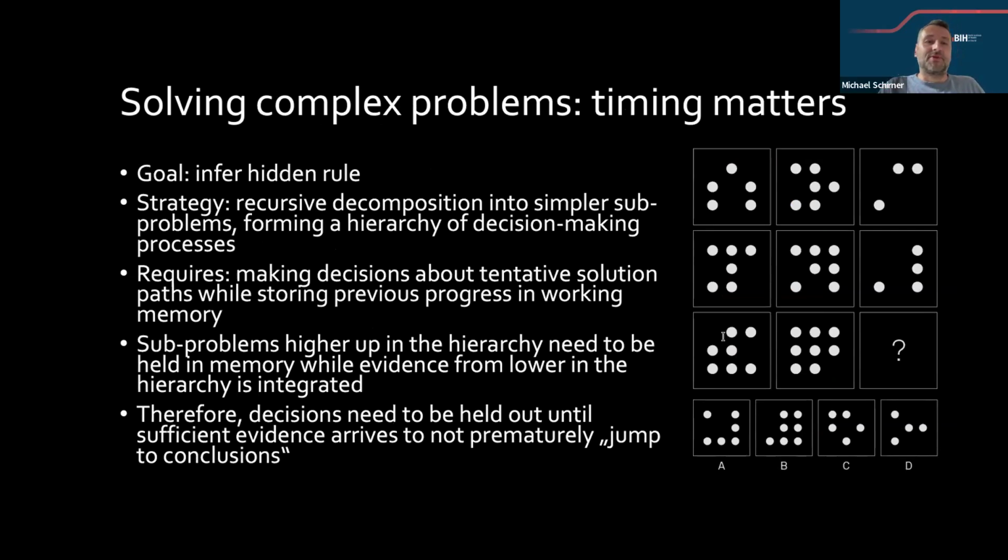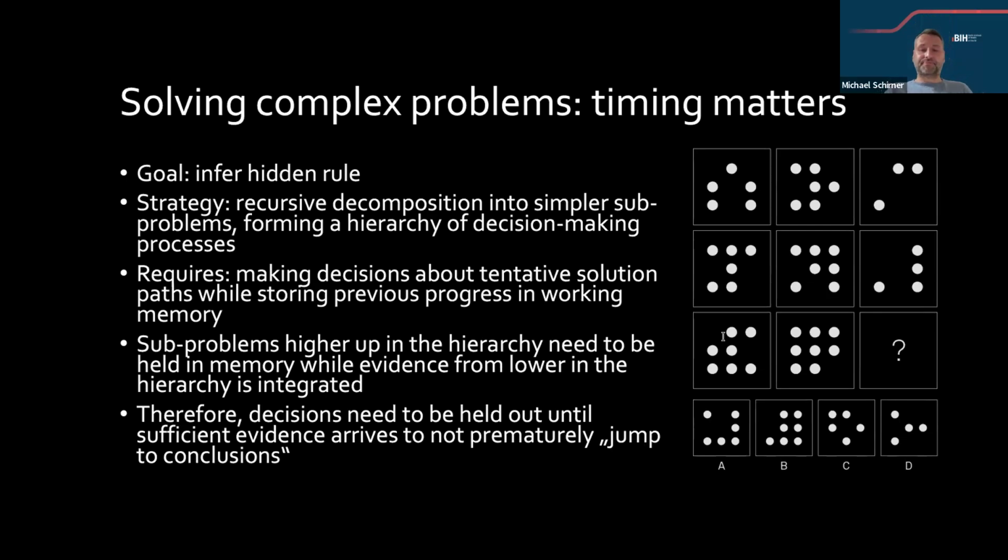To solve the problem, we need to make, as mentioned, this recursive decomposition into simpler problems and then make decisions about these solutions and then integrate them higher up in memory. So decisions need to be held out until sufficient evidence arrives, to not prematurely jump to conclusions. If there is insufficient information, our brain will just jump to a conclusion, and this conclusion may be more often wrong than right.